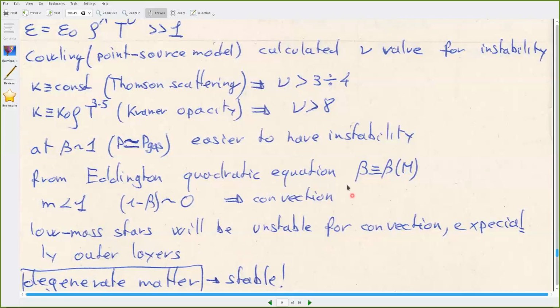So essentially, we saw that convection will be in the inner part, the core, especially for the more massive stars, and for the less massive stars, the convection will be in the external part.